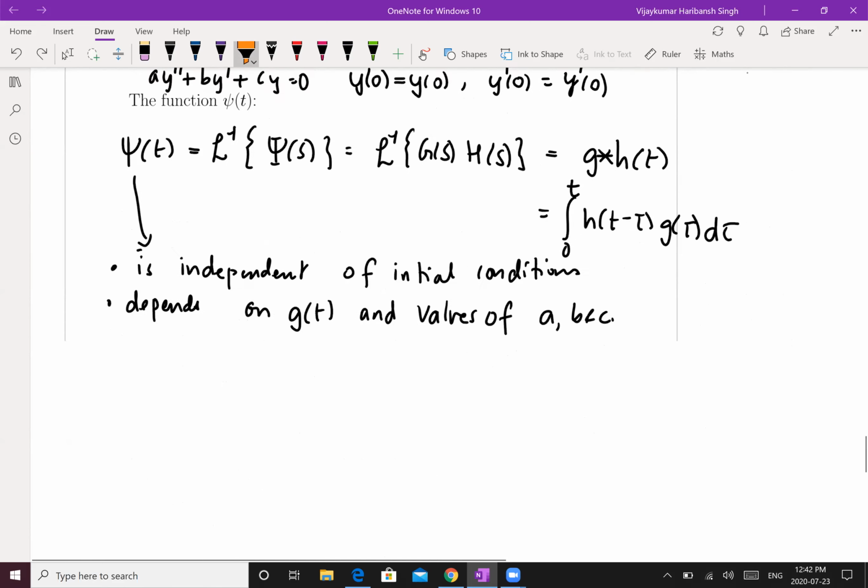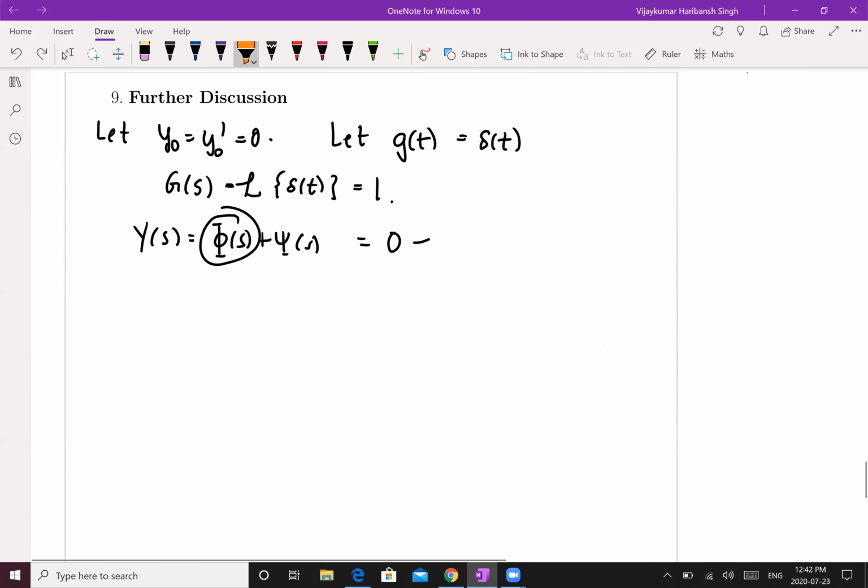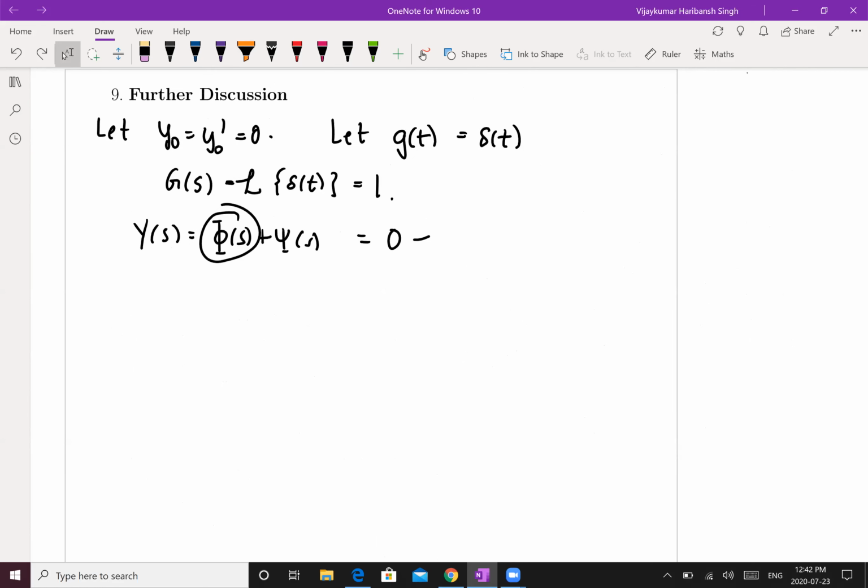So this will become 0 plus g of s times h of s. This is your psi of s, and that is the same as h of s, because g of s is equal to 1. Therefore we get y of t equals h of t.